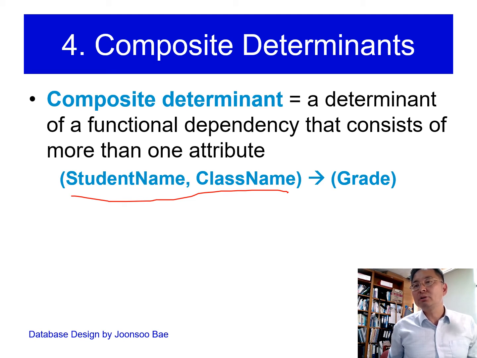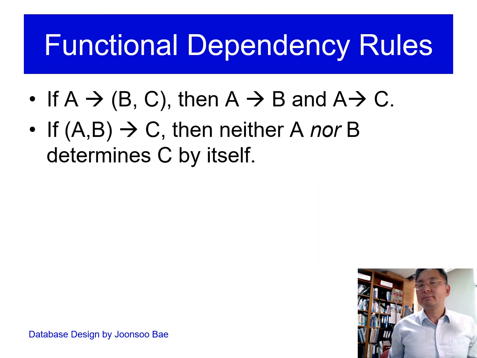So if you know student name and class name, then you can get to know what the grade is. So this is a determinant, and this is a function. So composite determinant is possible in functional dependence. Okay, and let's go on.